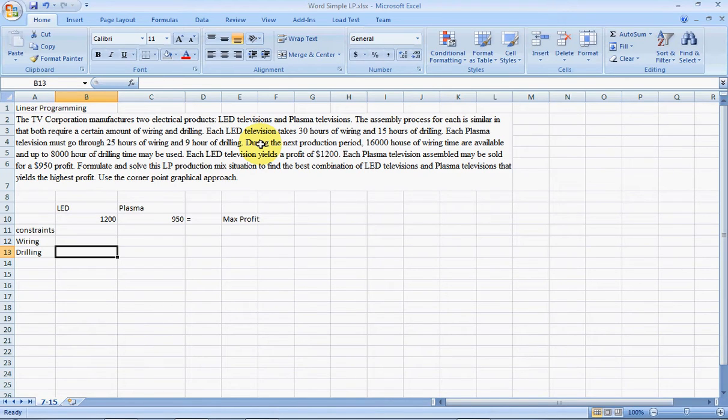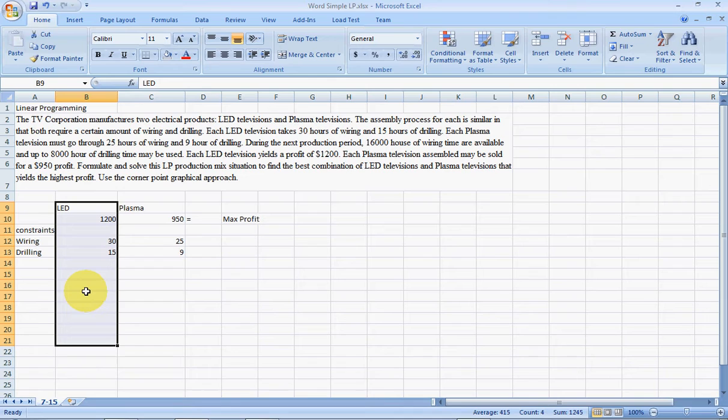So each LED TV takes up 30 hours of wiring and 15 hours of drilling. Each plasma is 25 and 9. Okay, so it's very important that you put these in per unit. So we wouldn't put 60 here if it only is 30 hours per unit, because that'd be for 2 units.